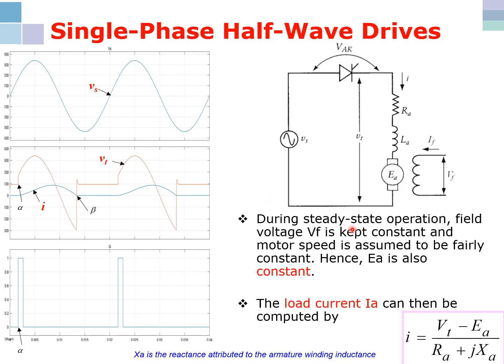Okay, during the steady state operation, the field voltage Vf is kept constant and the motor speed is assumed to be fairly constant. Hence, the EA is also constant. The load current IA can be computed by I equals VT minus EA over RA plus jXA.